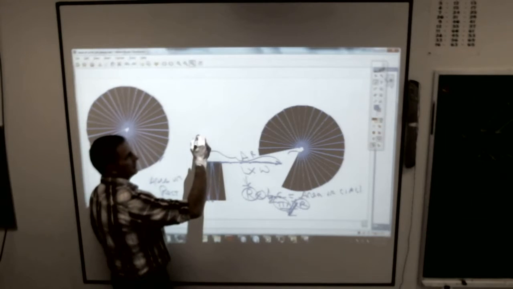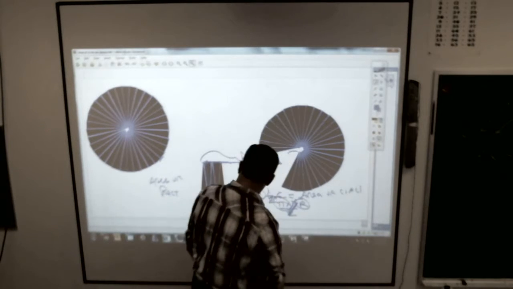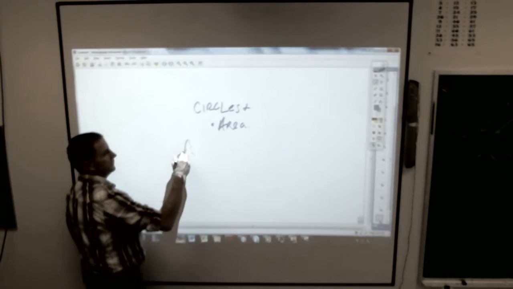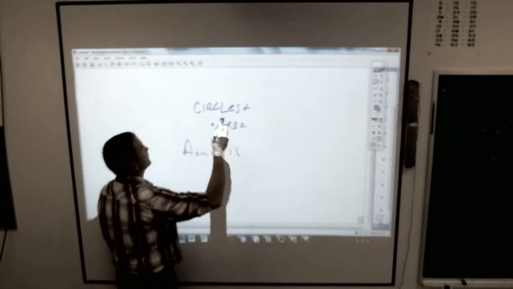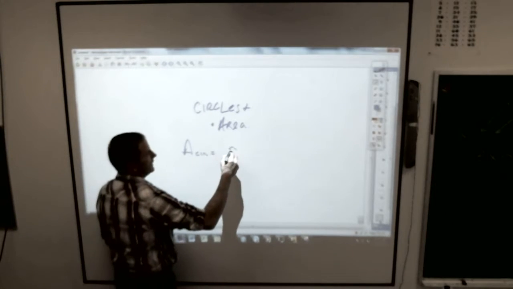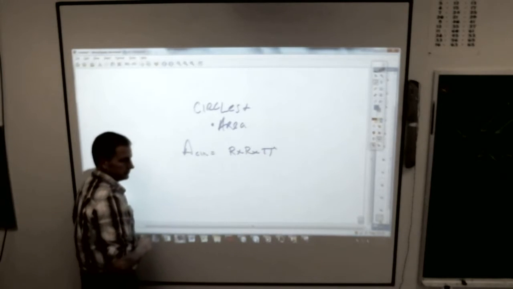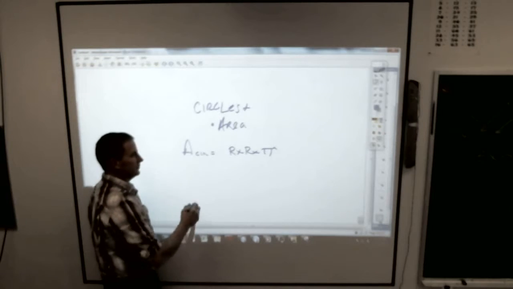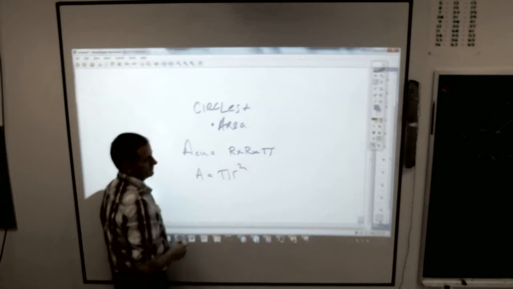pi. The area of a circle, let's go back to my sheet over here. The area of a circle equals radius times pi. Or, in the mathematical world, to make things sound ever so much more complicated, Tyler, it is area equals pi r squared.